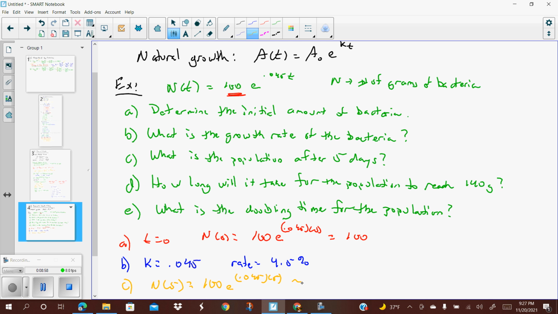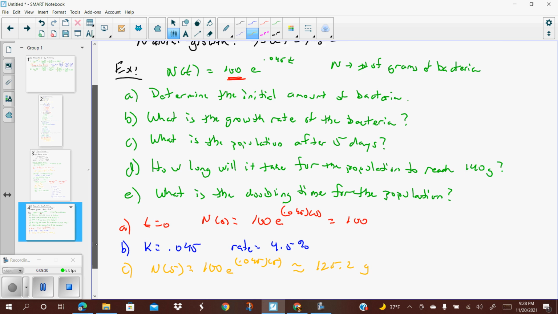And then you just plug that into your calculator, literally. So you'll do 100 times e raised to the 0.045 times 5. Just make sure you do the whole 0.045 times 5 in the exponent. And let's see, you should end up with 125.2 grams after 5 days. So after 5 days, it has grown 25.2 grams.